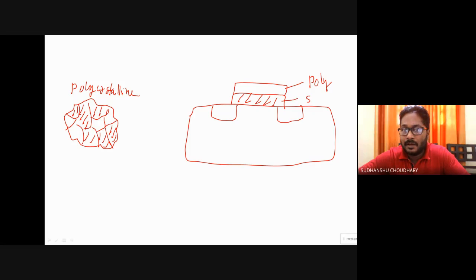Because of the amorphous state of silicon dioxide, the atoms of the crystalline silicon cannot maintain their periodic arrangement and they try to move, and we have small regions of periodic arrangement of atoms. So this structure is called polycrystalline. So we have polysilicon.